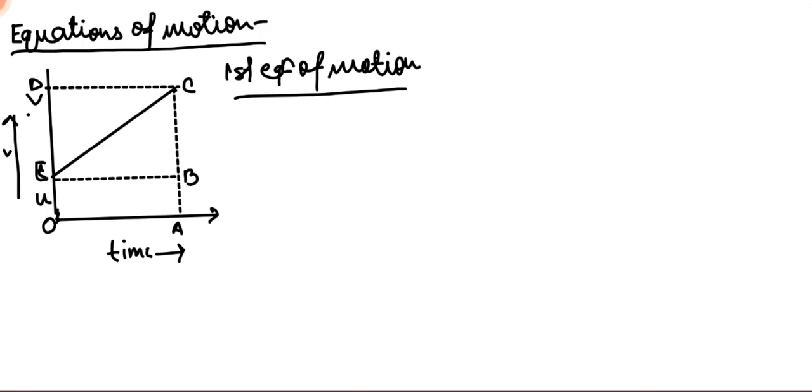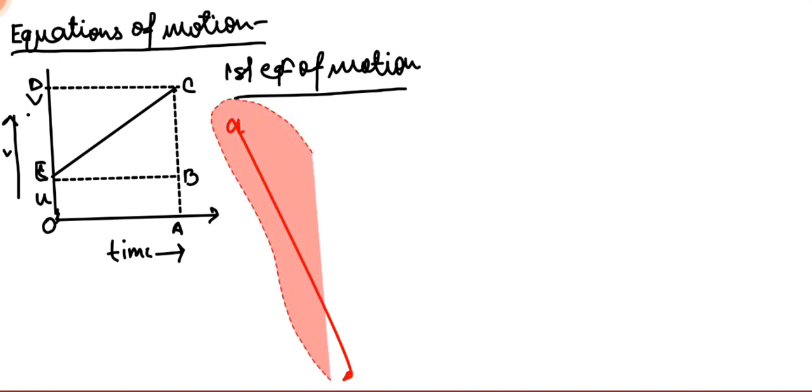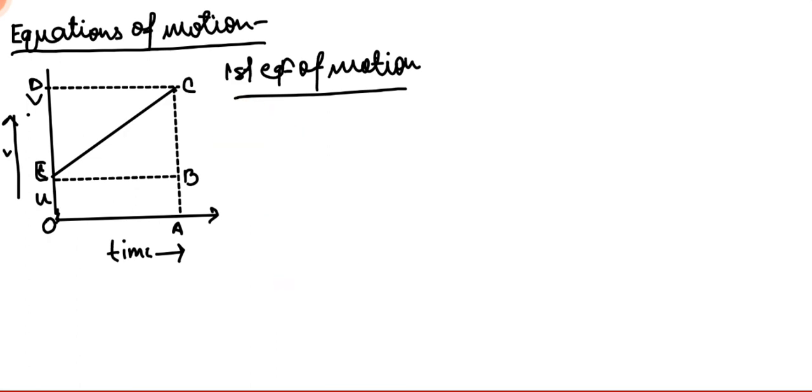Now students, we have studied when we were discussing the graphical representation of motion that the slope of the velocity time graph gives acceleration. Acceleration is the slope of the velocity time graph.